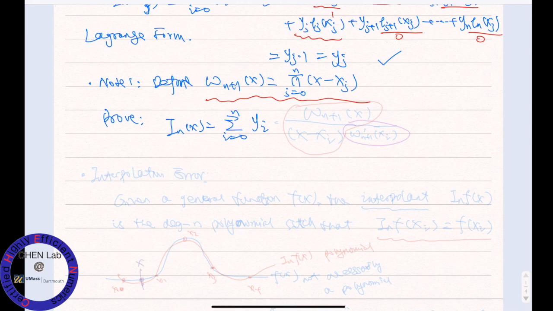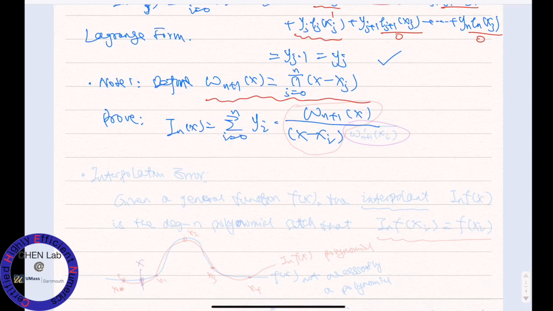If we want to write it in terms of omega n plus 1, it's yi times omega n plus 1 of x divided by x minus xi. We included everybody now, so we need to divide by the x minus xi term to recover what we had. Li has no x minus xi, so if you divide by x minus xi, you're going to recover that.